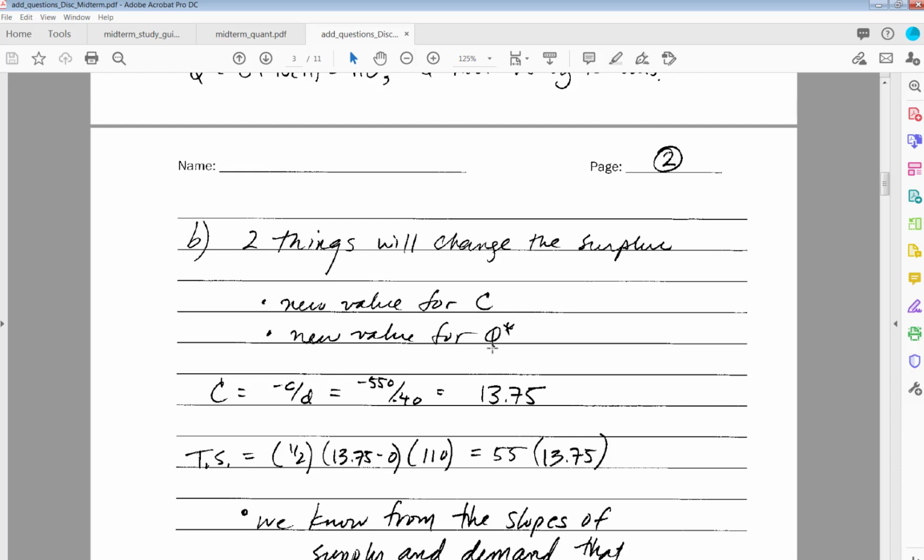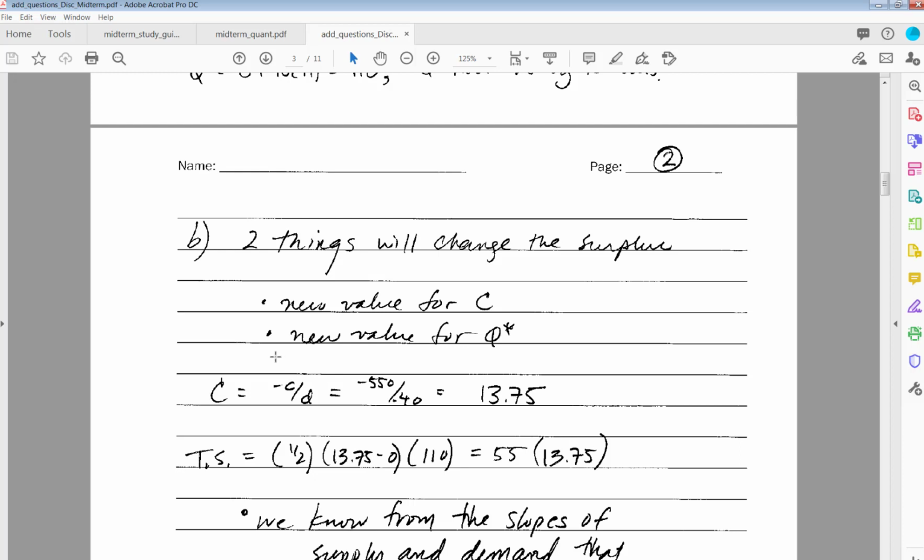So the equation that I'm going to use for total surplus is the intercept of the inverse demand equation, capital C, minus the intercept of the inverse supply equation, which is 0. Okay, and so that's what I'm working from.